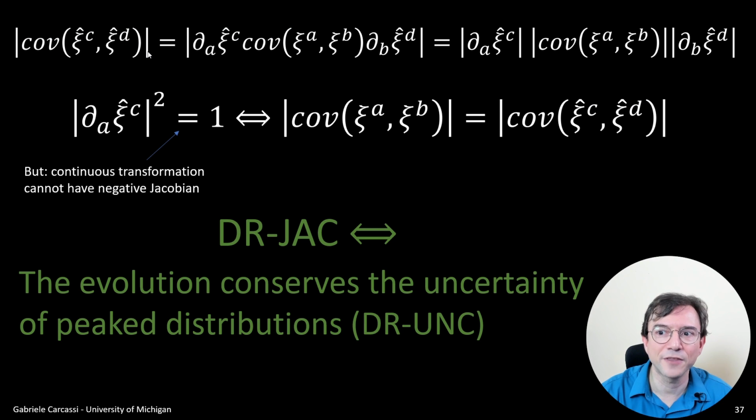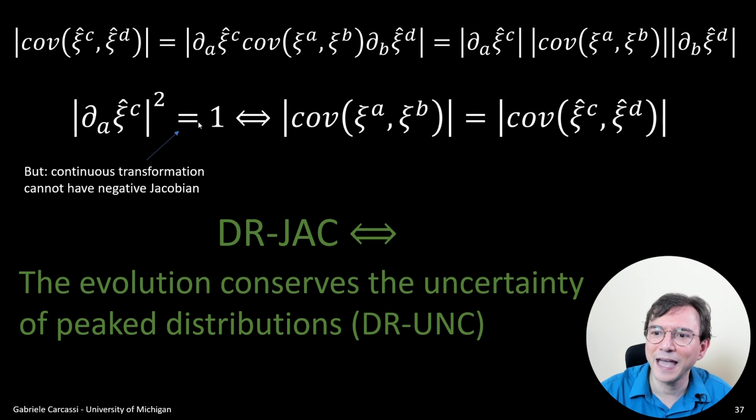The covariance matrix will change by being multiplied on both sides by the Jacobian, and the determinant of the product is the product of the determinants. So the Jacobian determinant squared has to be equal to 1, but over a continuous transformation you can't have a negative Jacobian.